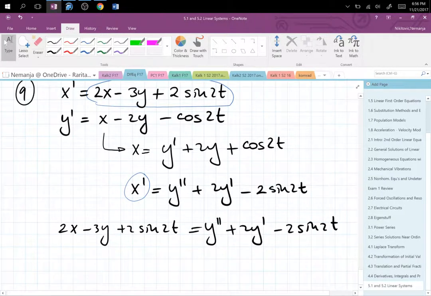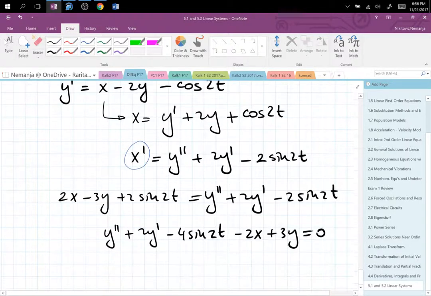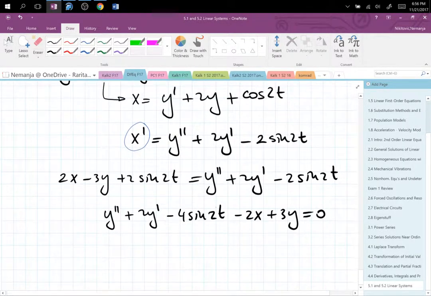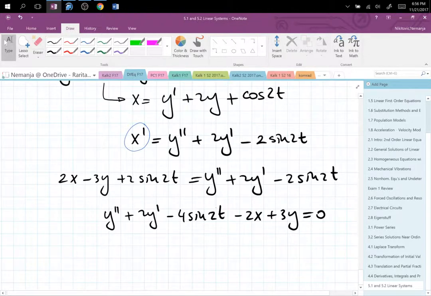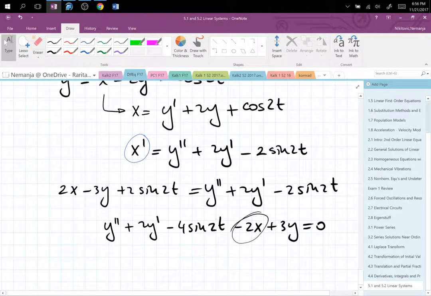So now y double prime plus 2y prime minus 4 sine 2t, and then we have minus 2x plus 3y equals 0. So I put everything in a pile. Now I have the 2x that's not supposed to be there.